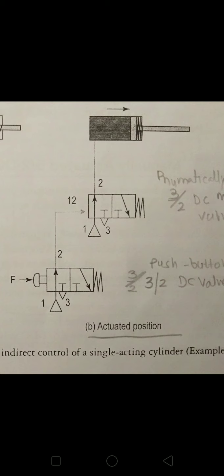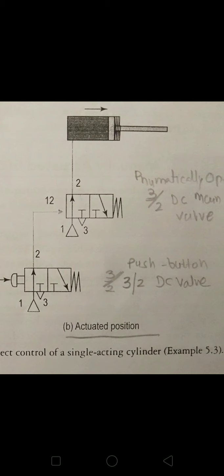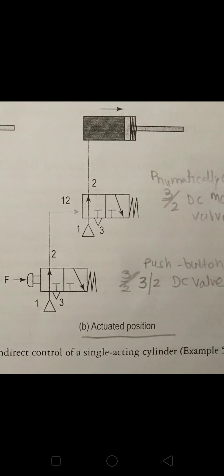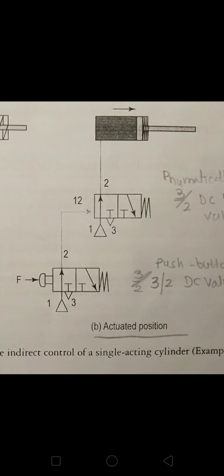Let's say you are 5 or 10 meters away from this arrangement. What you have control on is this push button 3/2 DC valve, and the pneumatically operated 3/2 DC valve which is nearby this arrangement.